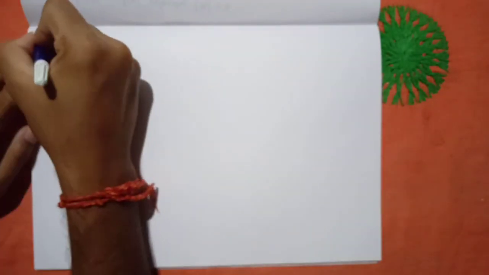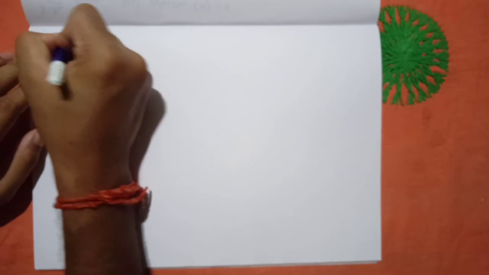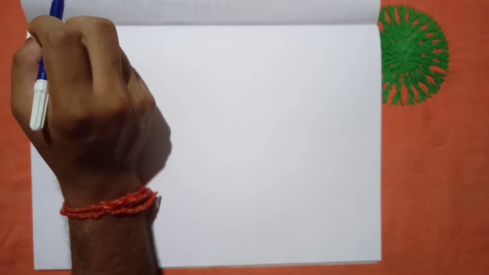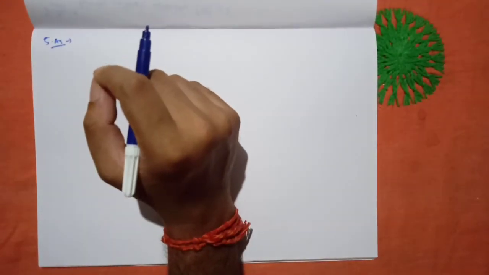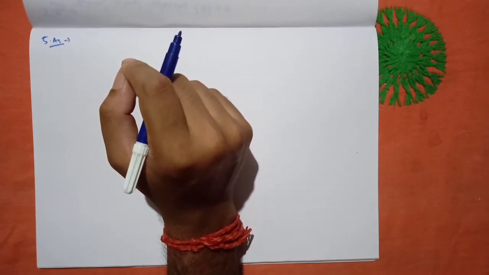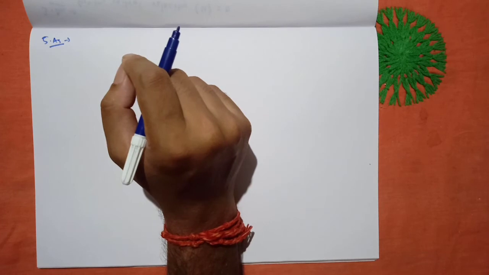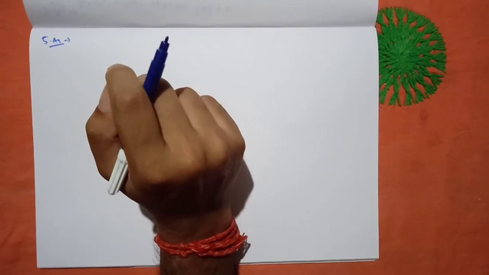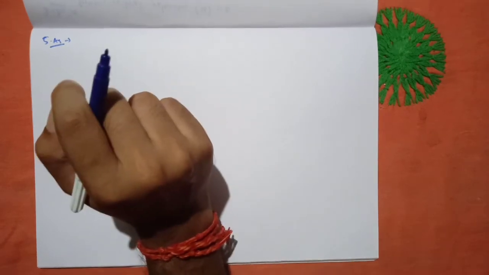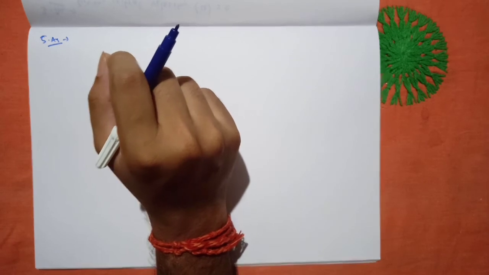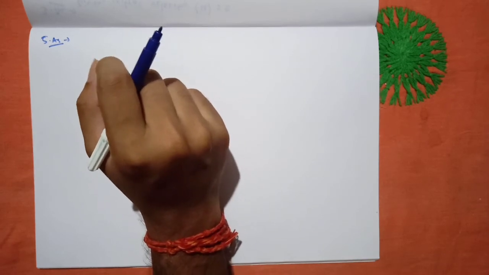Now question number 5. It is asked that a stone is thrown in a vertically upward direction with a velocity of 5 meter per second. If the acceleration of the stone during its motion is 10 meter per second square in the downward direction, what will be the height attained by the stone and how much time will it take to reach there?